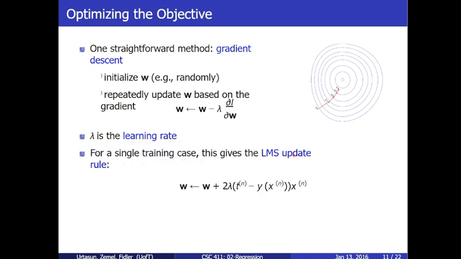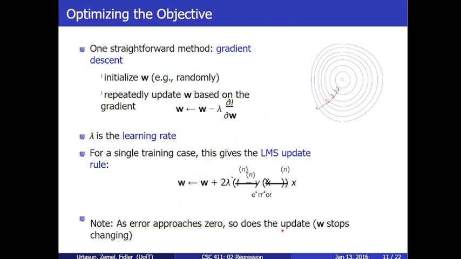Lambda is the learning rate, for a single training case. This gives the LMS update rule, and right here is that update rule being applied. It does use a bit of calculus for this gradient descent model, but it won't be too much. Next week when we go over it, we'll try to explain it, so even if you do not know any calculus, you can still understand.